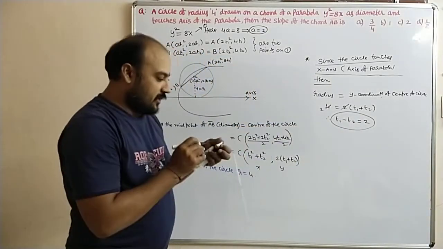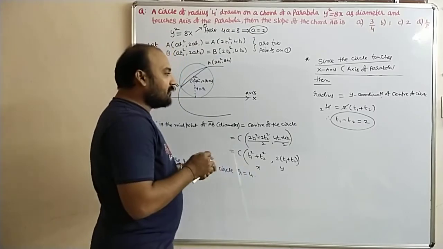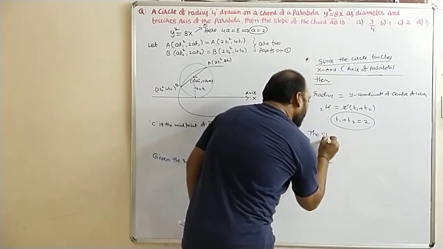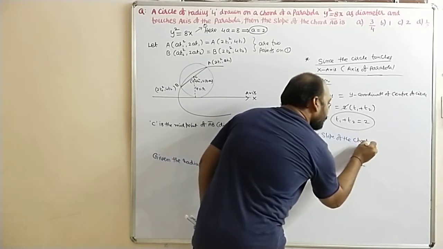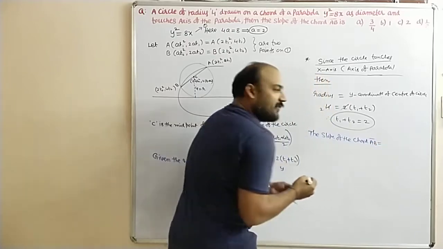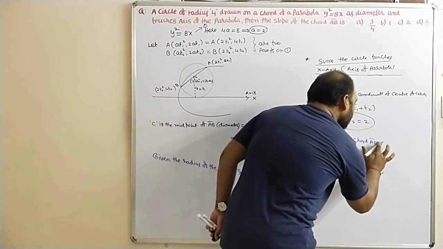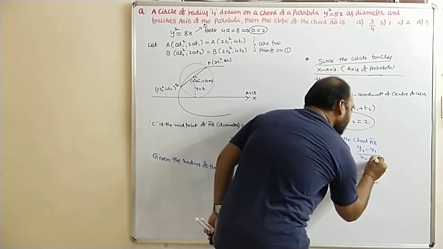After getting this, they are asking the slope of the chord AB. By the slope definition, we know y2 minus y1 divided by x2 minus x1.